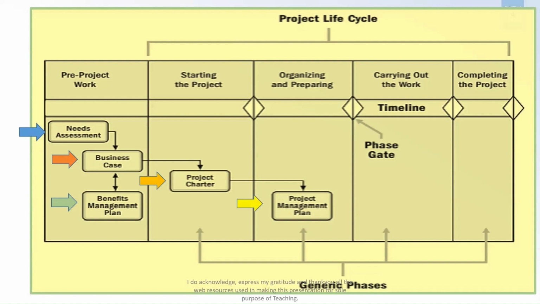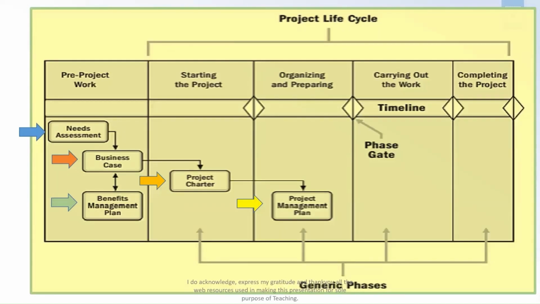Correct? And finally, there will be a project management plan. The project charter will be developed to start the project, and the project management plan will be developed to run the project through its life cycle.